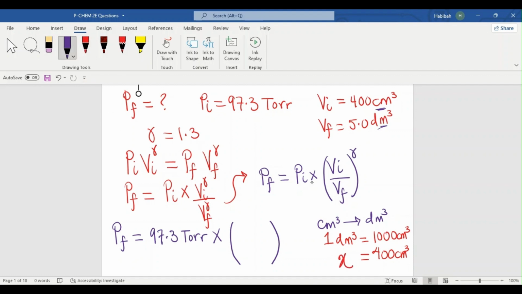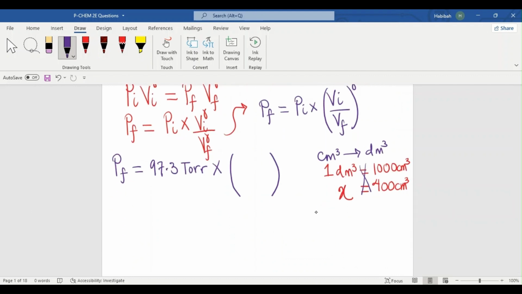So of course, you simply cross multiply, where you have 1000 centimeter cubed times x equals 400 centimeter cubed times decimeter cubed. So x equals 400 centimeter cubed decimeter cubed divided by 1000 centimeter cubed.